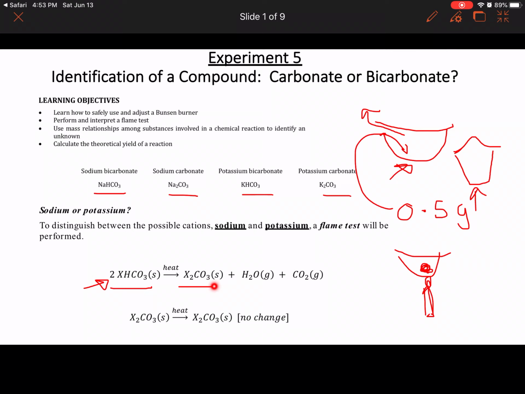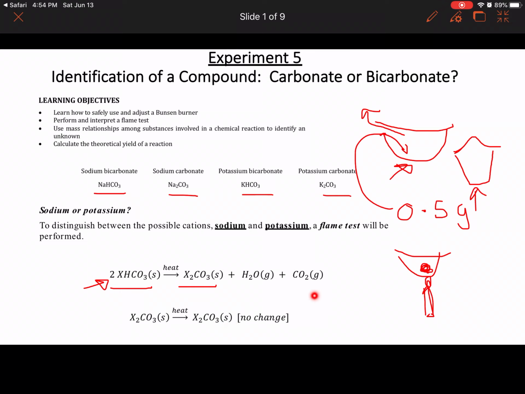They are heat resistant, so they are stable for the heat. So if you started with a metal carbonate, you heat it, and then at the end also, you will get the same solid. So there won't be any important change or major change in the mass.